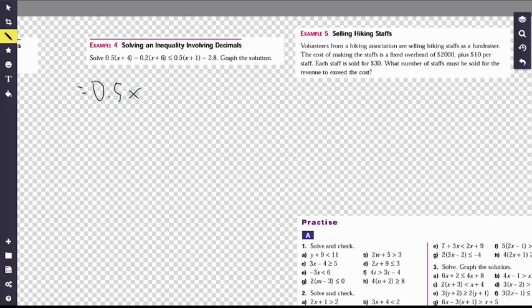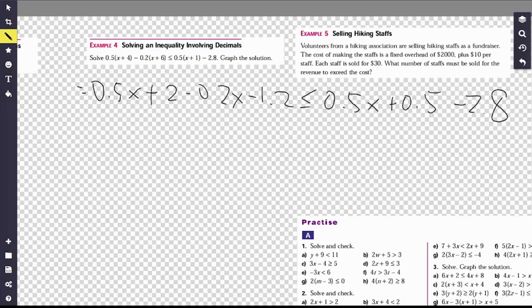This is the part where we have to do it. That's going to give us 0.5 times 4 minus 0.2x times 6. 0.2x times 6 is going to be 1.2x. Then 0.5x plus 0.5 minus 2.8. Now, what we do is get the x's all on one side.